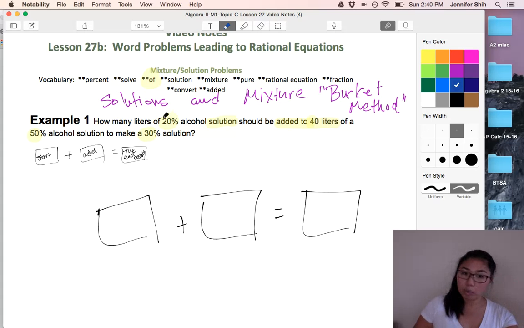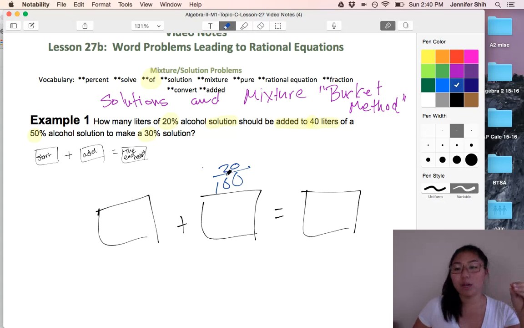So this 20% solution is going to be our add, our middle one. So instead of 20%, I'm going to write 20 over 100. So this is where my 20% is. I rewrote it as a fraction. This will be helpful. It will be clear if you write it as a fraction. So this needs to be added to 40 liters of a 50% alcohol solution.